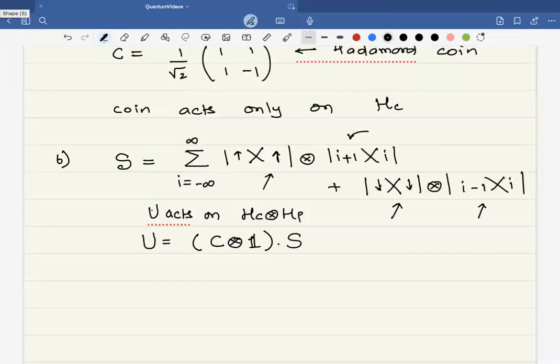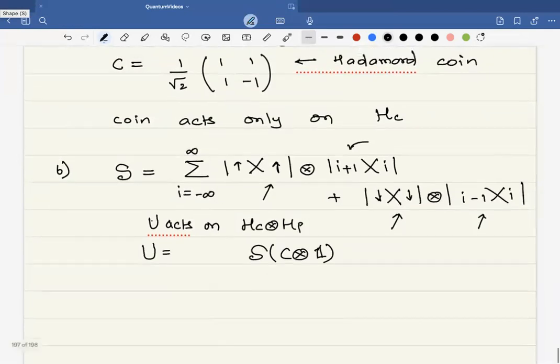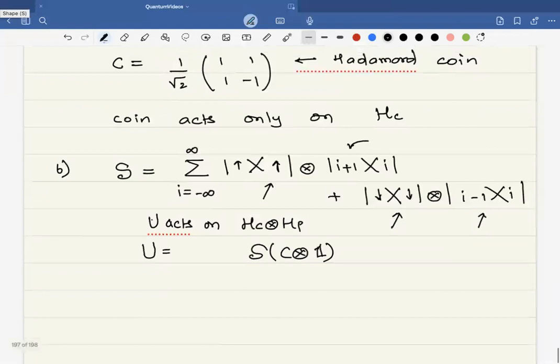I should write it the other way because it's going from right to left: C tensor identity first, followed by the shift operator. So this is one step of the walker. So the coin gets tossed, right? It acts only on the coin space. And then the conditional shift operator, depending on the coin state, either moves the walker from right to left or left to right.